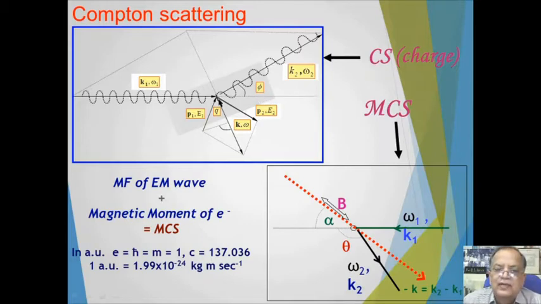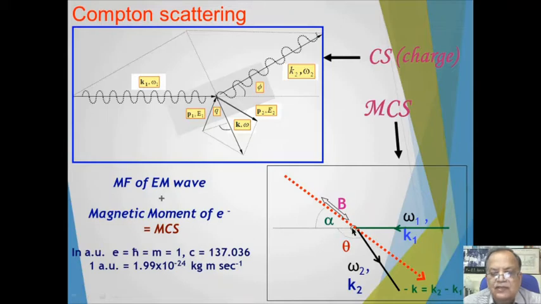Now your electron is interacting with the incident radiation, I mean the electron charge. Now if you talk about Compton scattering from unpaired electrons, in that case what happens is that the magnetic field of the electromagnetic wave, because the photon has electromagnetic nature, interacts with the magnetic moment of the electron, which leads to magnetic Compton scattering.